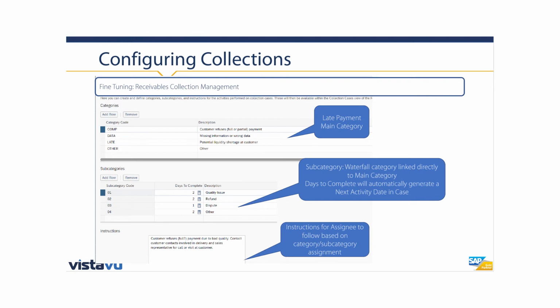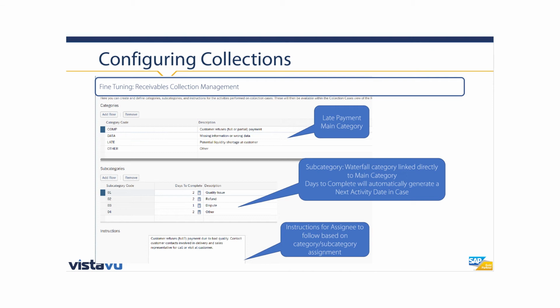And then with that, there's also a new work center view that comes along with the collections management. So you would add that it comes in under the receivables work center. And so you'll just need to make sure that once you do enable it, update either your users and or your business roles to include that.